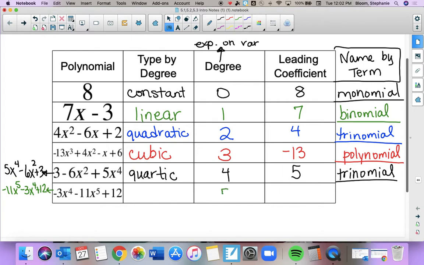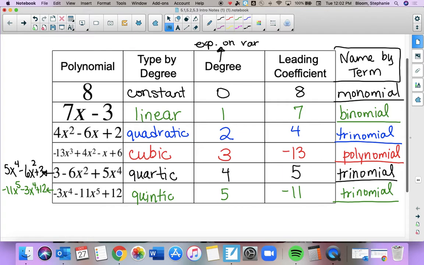Degree of 5, the greatest exponent on the variable. Anybody have a guess? Quintic. Good. Leading coefficient, -11. 3 terms again, so we call that a trinomial. Okay?